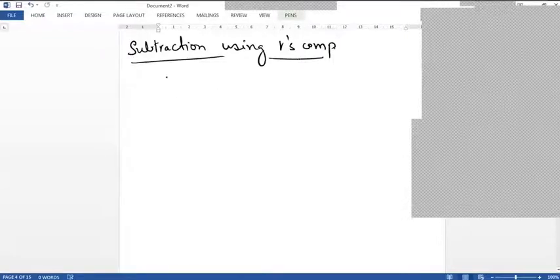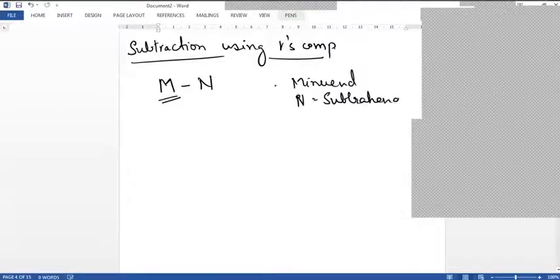First of all, you should know that if I am subtracting two numbers, m minus n, the m over here is known as the minuend and n is called the subtrahend. The one from which we subtract is the minuend, and the one we subtract is the subtrahend. In short, the negative number here is your subtrahend. Clear?